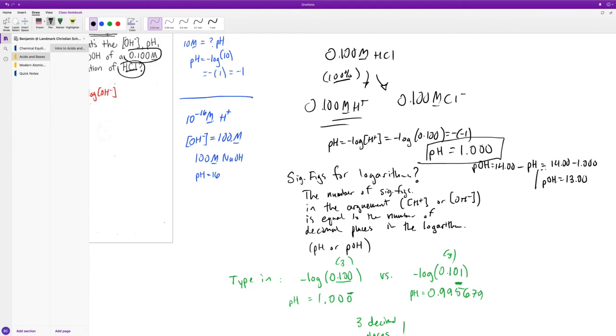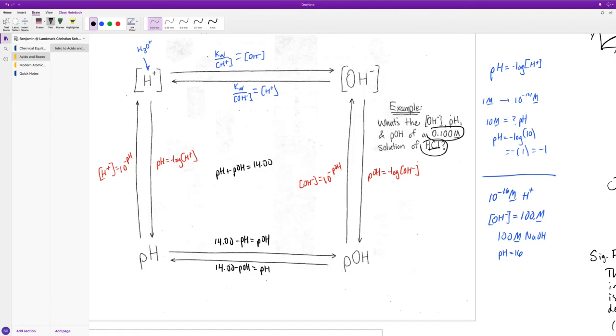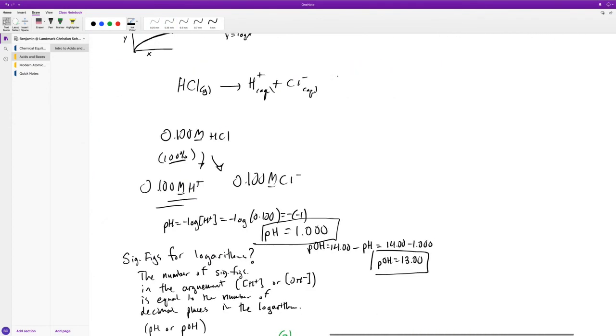And so what is the concentration of OH minus going to be? We're almost done. We found the pH, found the pOH. We just need OH minus concentration. Well, I know this one now, I know this one, and I know this one. I could use either one of these to figure out the OH minus concentration. Okay, so the one that I normally like to do, just because I remember the KW value, is this one here, KW divided by H plus concentration.